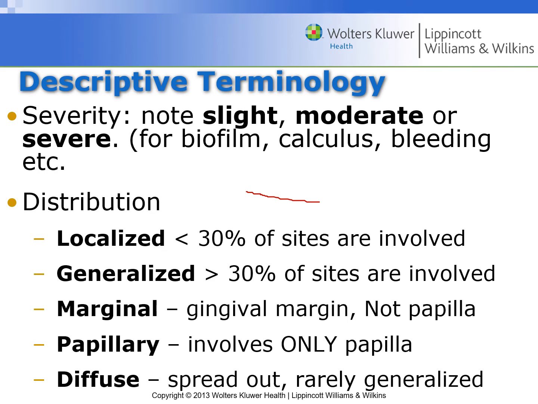A lot of times they just put a flat mark, because SRP deep cleanings are done this way. If they need 3 teeth in a quadrant done, it's localized, 3 teeth or less. If you even have 4 teeth in 8 that need to be deep cleaned, you would go on over to say generalized. So they're pretty strict on that.